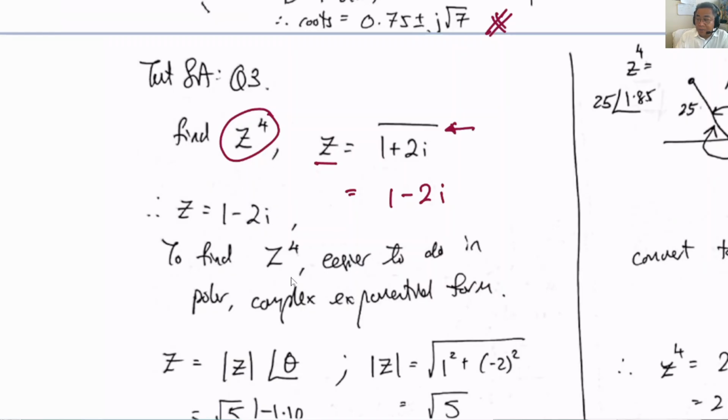And therefore to find z to the power of 4, we will not advise you to just do 1 minus 2i and then do it 4 times. That will be difficult.